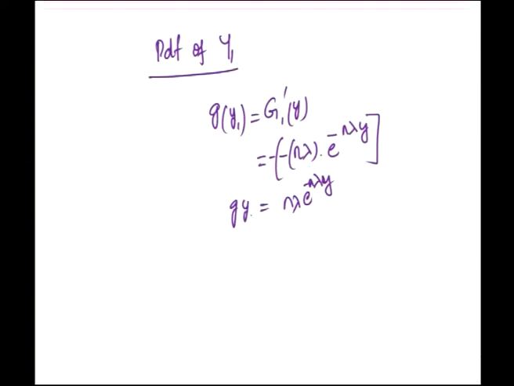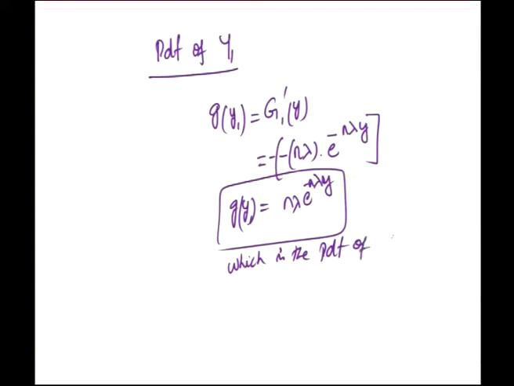Okay, this is the PDF of y1, which is actually the PDF of exponential distribution with parameter n lambda. In the place of lambda we are having n lambda, for y greater than or equal to 0, n is greater than 0 and lambda is greater than 0. Okay. Hence, we have proved if xi is taken as exponential distribution with parameter lambda, then y1 is equal to minimum of all such xi's will also have an exponential distribution with parameter n lambda.